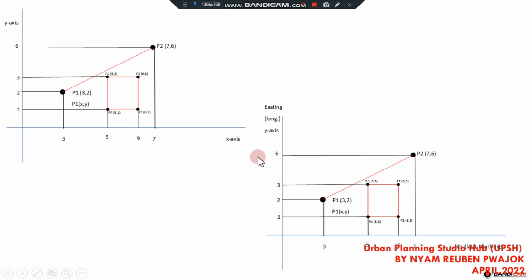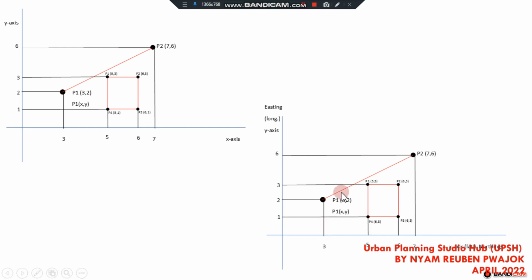Now let's come back to the bottom right of the screen. This is the idea of what they try to do to explain what a GIS model is. Supposing we are adding dimensions like longitude and eastings to our y-axis, and also latitude and northings to our x-axis, to define the real scale on earth.